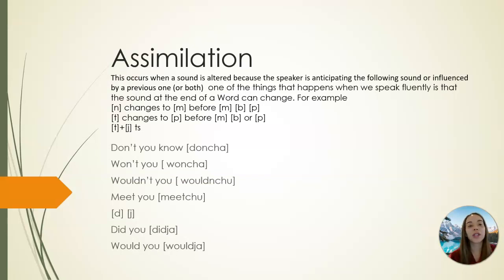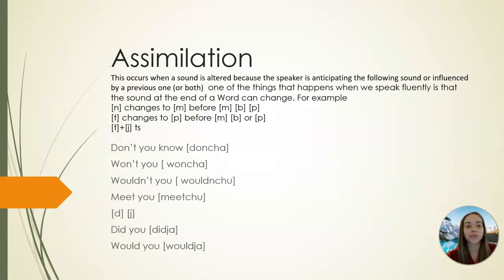The next one is assimilation. This occurs when a sound is altered because the speaker is anticipating the following sound or influenced by a previous one, or both. One of the things that happens when we speak fluently is that the sound at the end of a word can change.